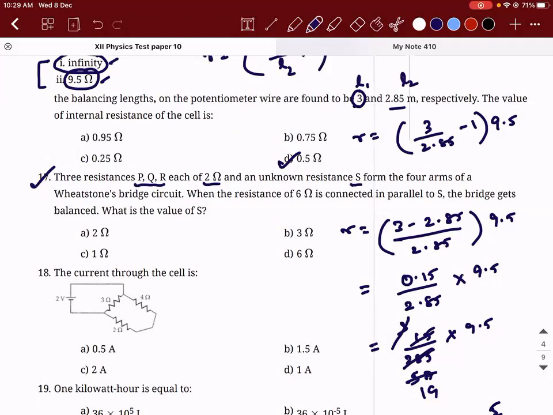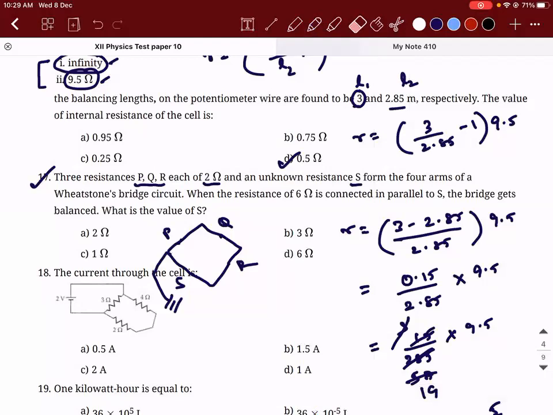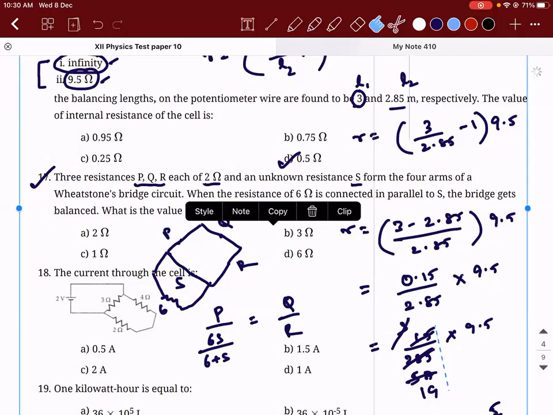I'm assuming they are in order: P, Q, R, and S. To this S, they have connected a 6 ohm resistor in parallel so that the circuit is balanced. So P divided by 6S by 6 plus S is equal to Q divided by R. Correct?